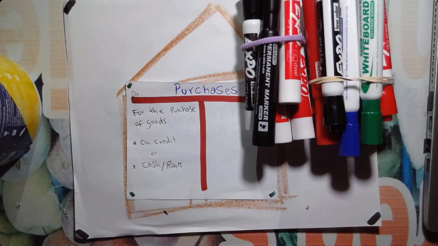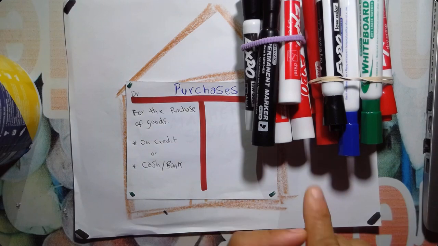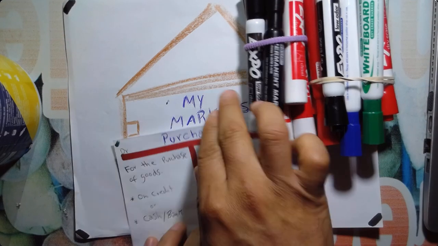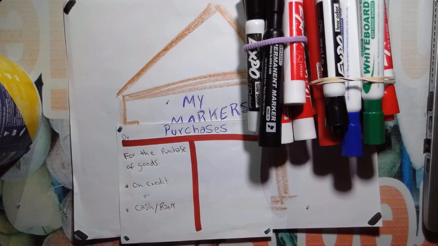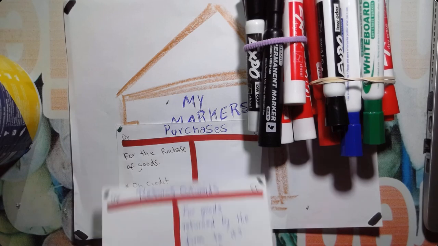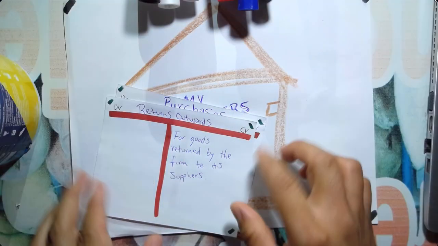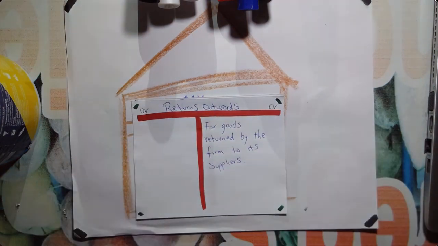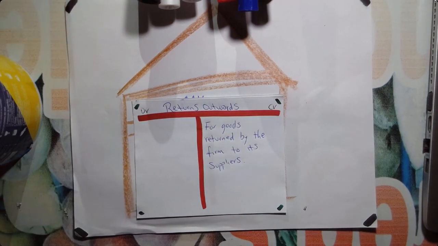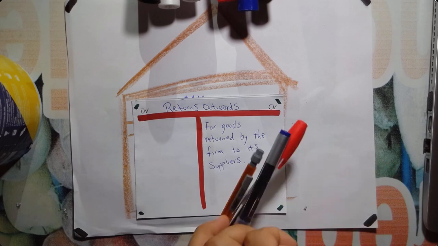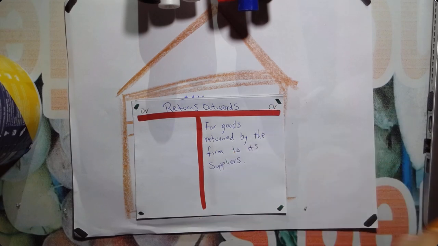And where is that inventory going? It's going out of my small business. Because it's going outwards, I am going to use a T account with the name return outwards, because the inventory I am returning is going out of my business.